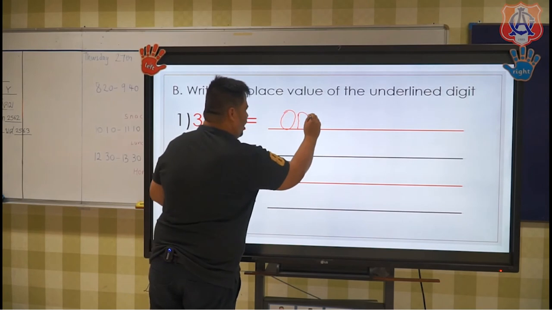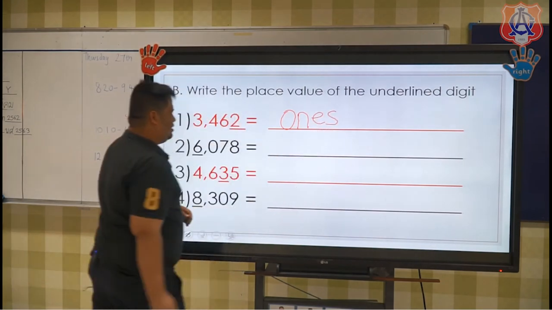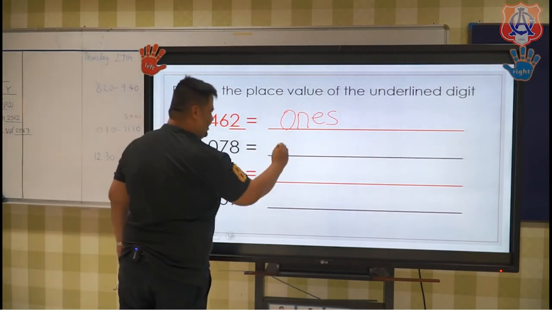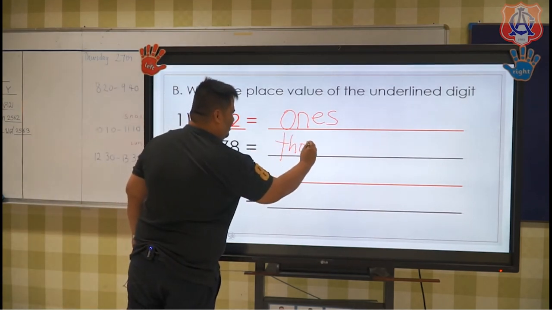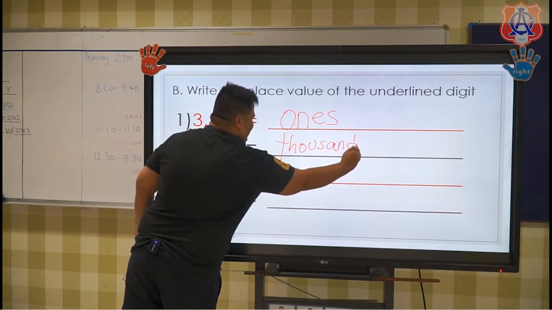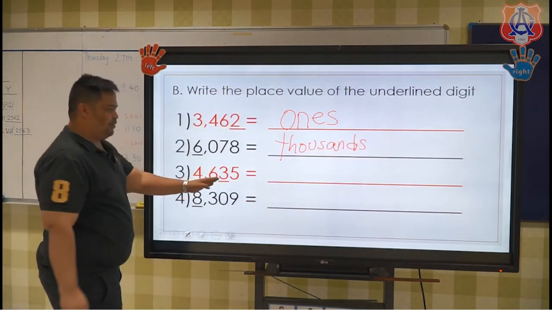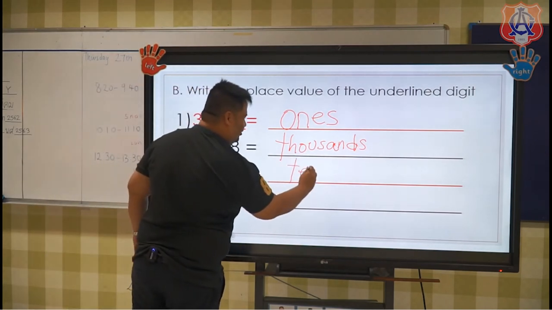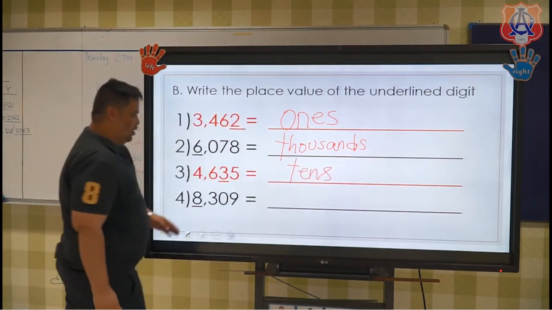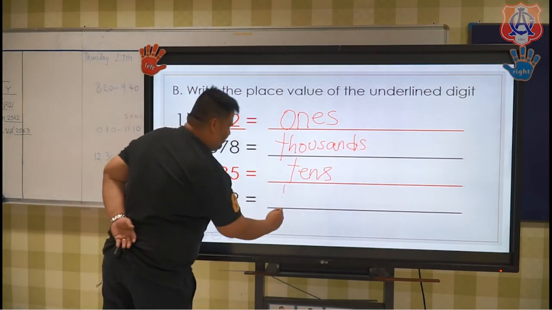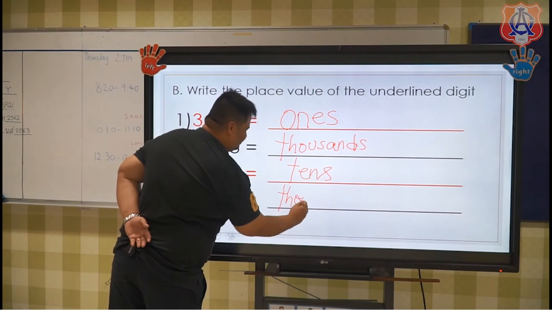That is your ones. What is the place value of 6? It's the thousands. What is the place value for 3? If your answer is tens, then you are correct. And what is the place value of the 8? That is, of course, the thousands.